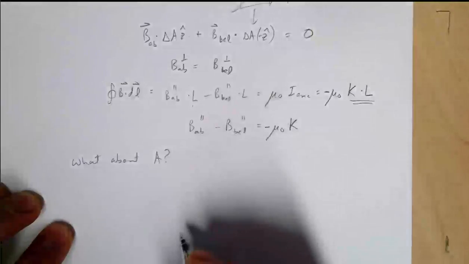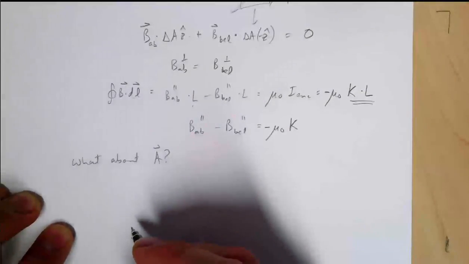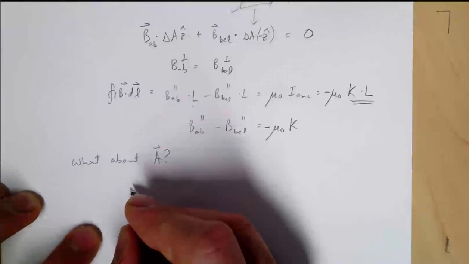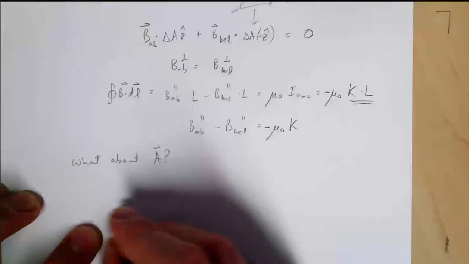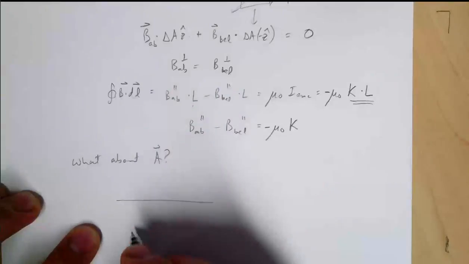So A, the magnetic vector potential, or the voltage, as some like to call it, if we had some kind of boundary, we were wondering what the boundary conditions on A were. So here's kind of my below and here's my above.